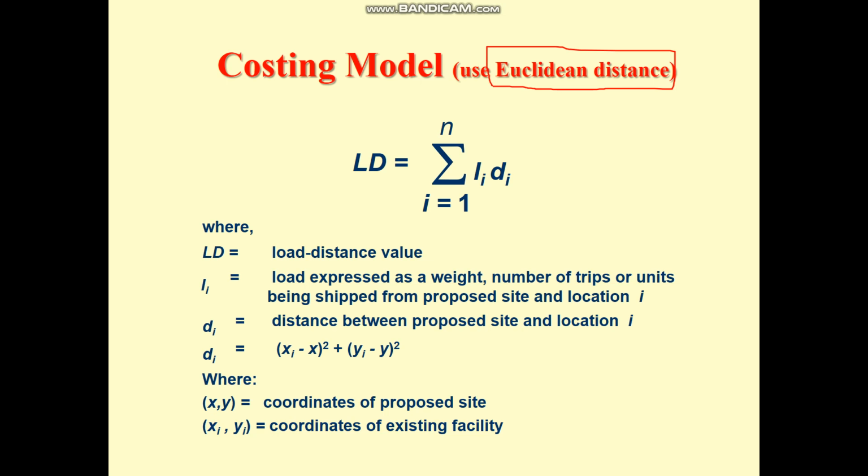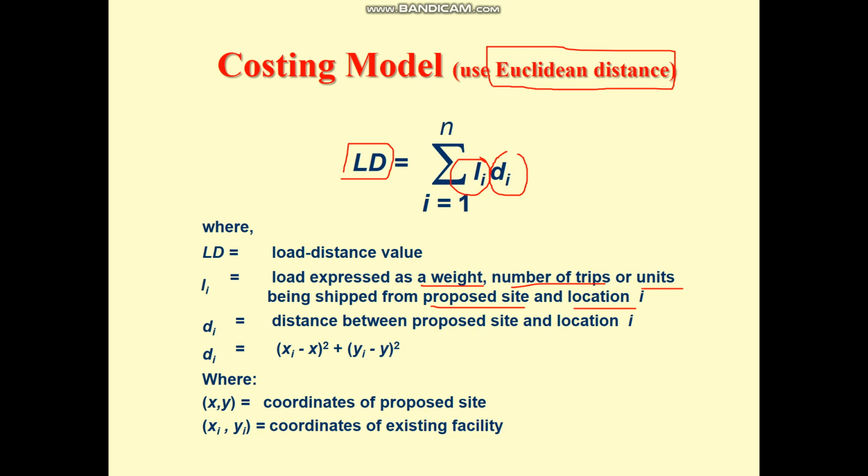So we calculate the total value of load multiplied by distance. Load here is maybe weight or number of trips or number of units shipped from the proposed site to location i.